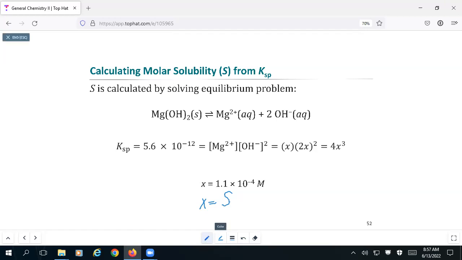Because with molar solubility, we're always going to have 1 mole of our dissolving substance. And so that's what we're ultimately trying to figure out. So even if this ends up being 2x and 2x, which this one isn't, even if I have multiples for both of the ions, the value of X is still the molar solubility, because the molar solubility ties back to the original salt, not necessarily to any of the product ions.